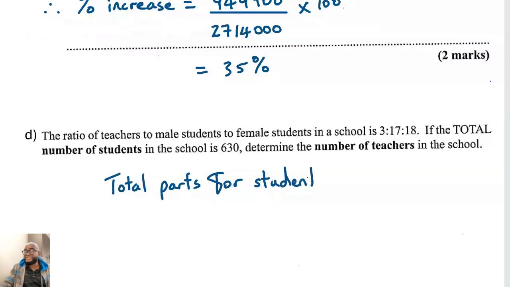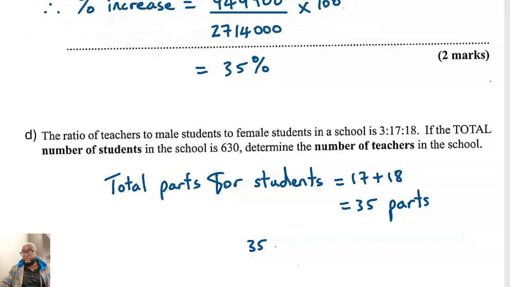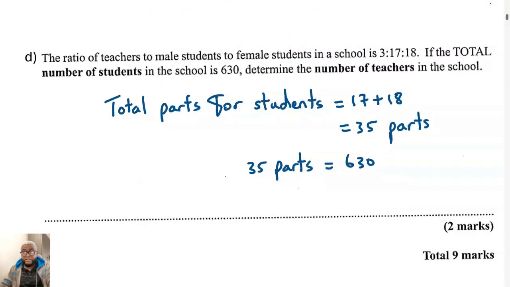This does not include the parts that represent teachers. So it'll be 17 plus 18, which will be 35 parts. So these 35 parts will be equal to what, my children? 630.